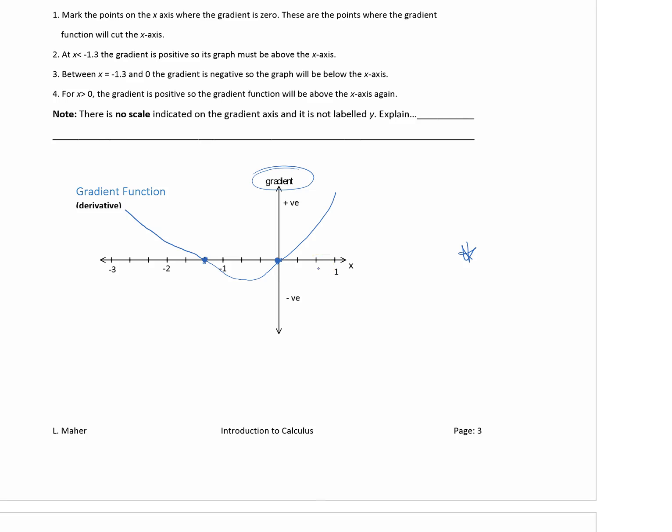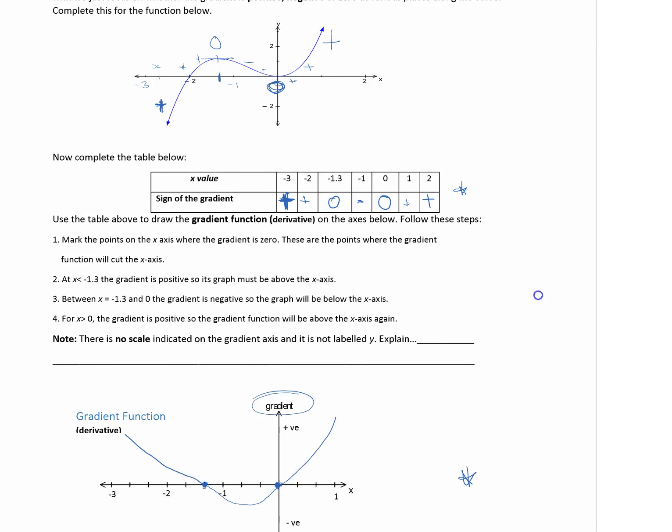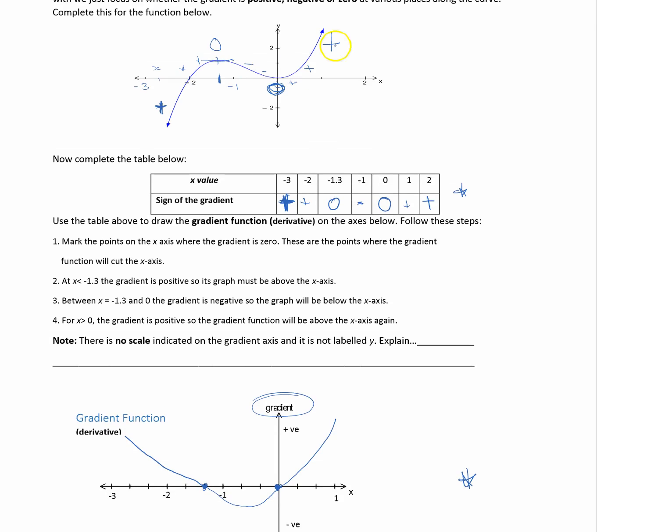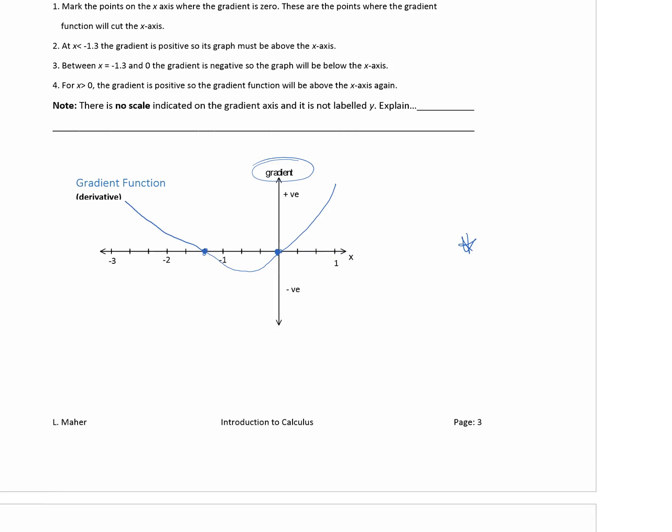You can see it's a parabola. And as we move through the chapter, you'll see actually why it's a parabola. If you look back, the original function was a cubic, and its gradient function is a parabola.